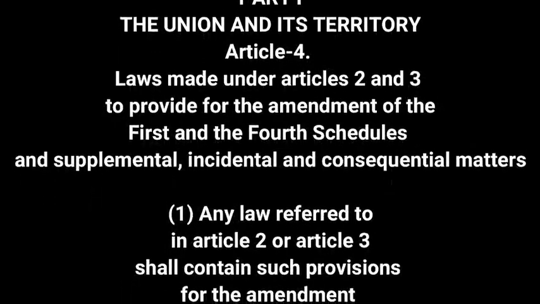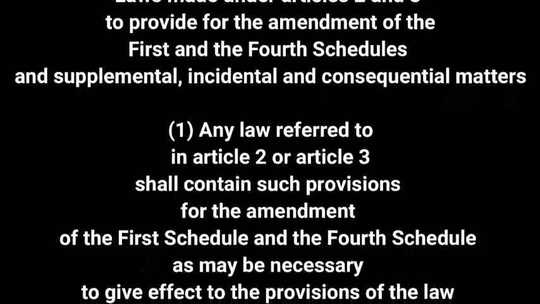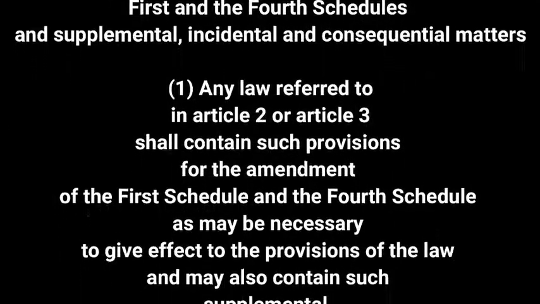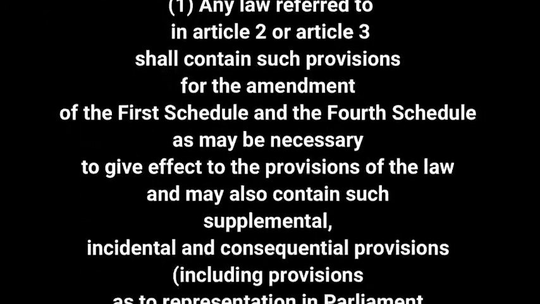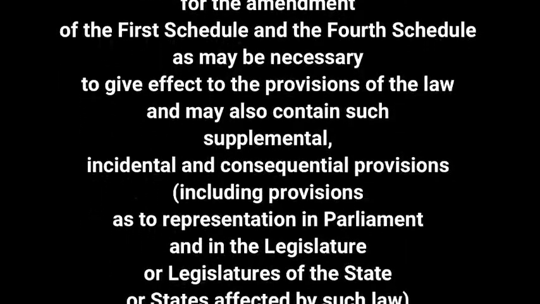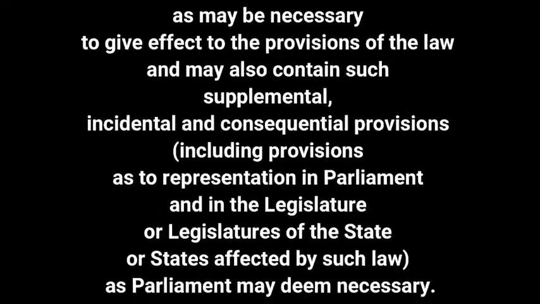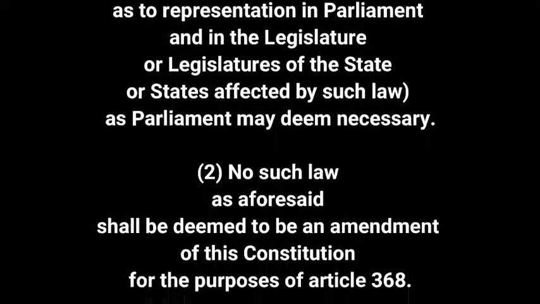Any law referred to in Article 2 or Article 3 shall contain such provisions for the amendment of the first schedule and the fourth schedule as may be necessary to give effect to the provisions of the law, and may also contain such supplemental, incidental and consequential provisions, including provisions as to representation in Parliament and in the legislature or legislatures of the state or states affected by such law as Parliament may deem necessary.